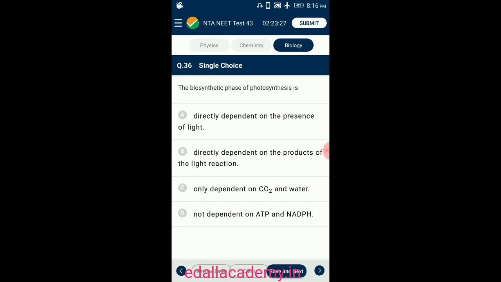You may wonder how this could be verified. It's simple. Immediately after light becomes unavailable, the biosynthetic process continues for some time and then stops. When light is made available, the synthesis starts again. So the answer for this question is option B. The biosynthetic phase of photosynthesis directly depends on the products of the light reactions.